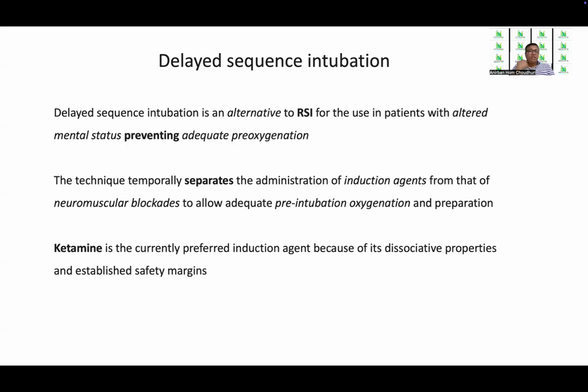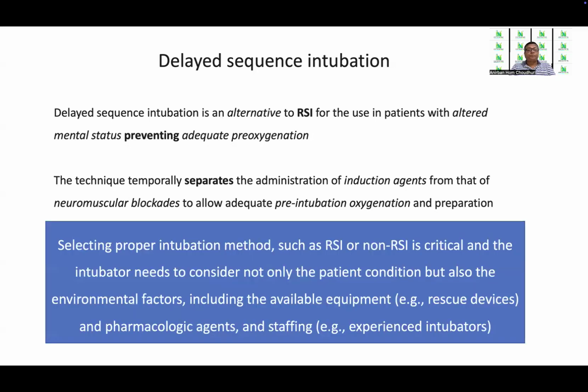So, between the administration of the induction agent and neuromuscular blockade, the patient is administered oxygen. And ketamine is currently the preferred induction agent because of its dissociative properties and established safety margins. But of course, there are a lot of other drugs too.